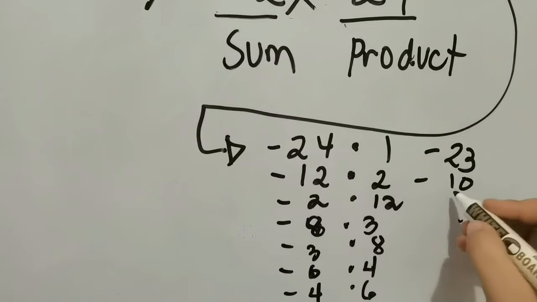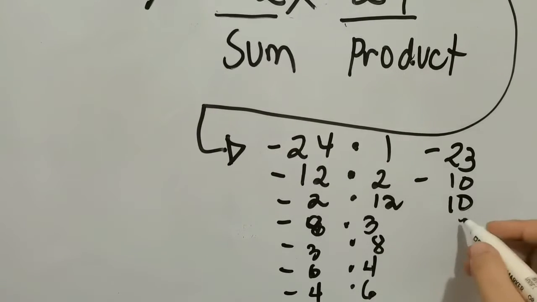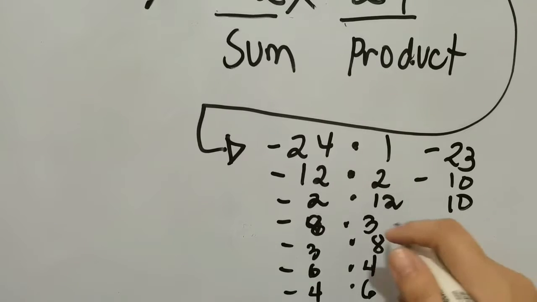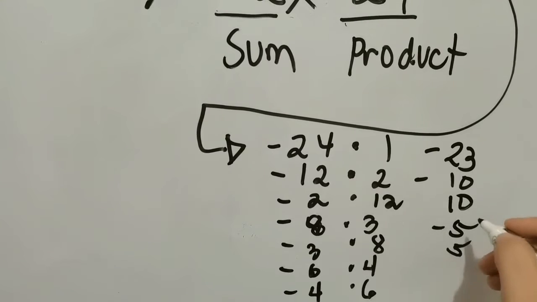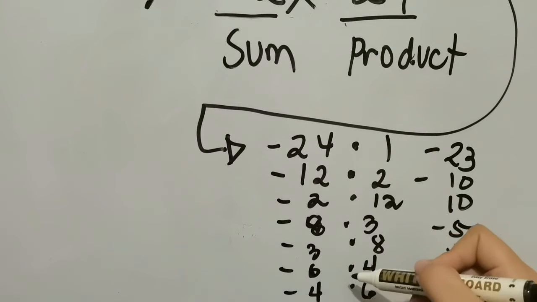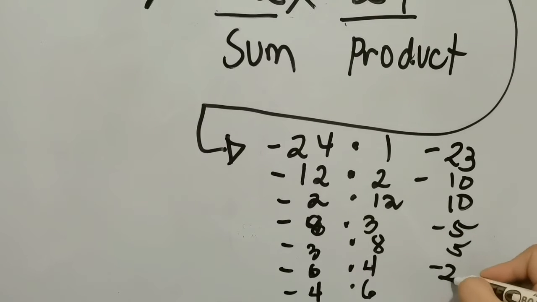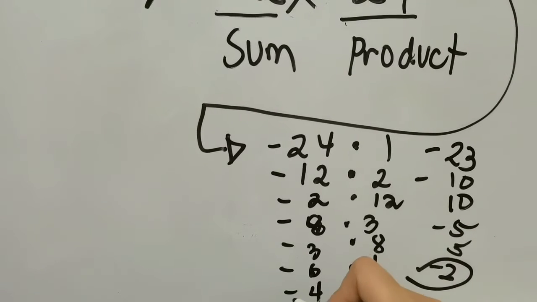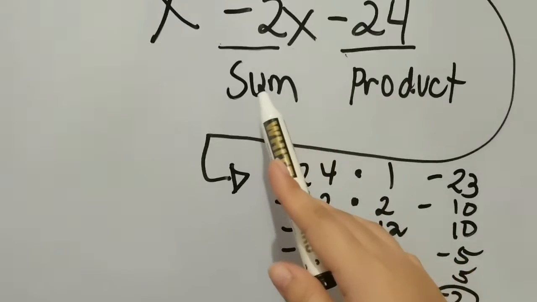Negative 2 plus 12, that is positive 10. Negative 8 plus 3, that is negative 5. And vice versa, positive 5. This one, negative 6 plus 4, that is negative 2. And negative 4 plus 6, that is positive 2. So what we are looking for is negative 2.